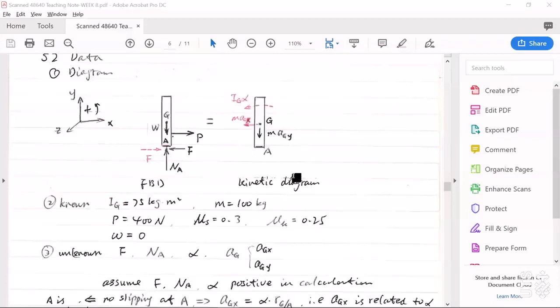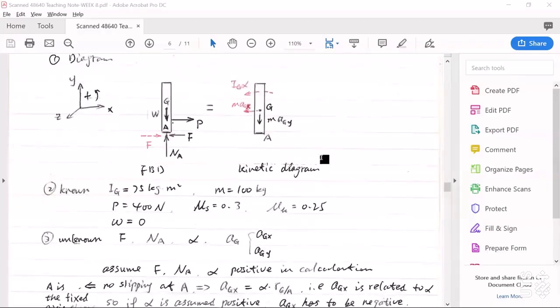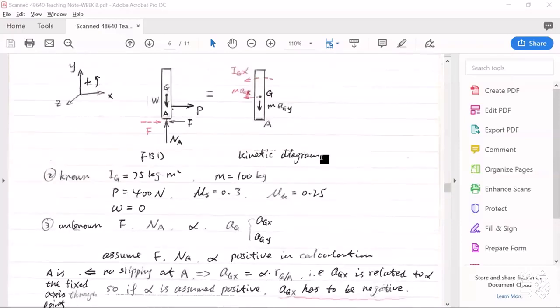Kinetic diagram: m aGx, m aGy, and alpha. Please note, now this is the problem of rotation about a fixed axis through point A. So this means aGx and alpha are not independent.